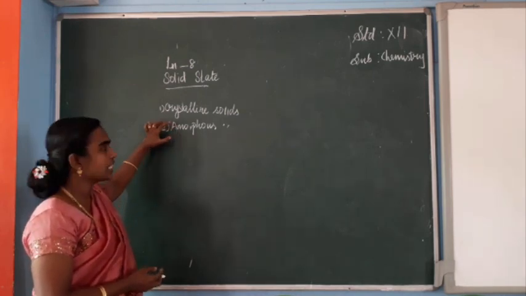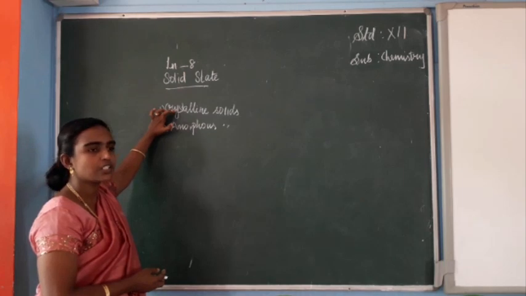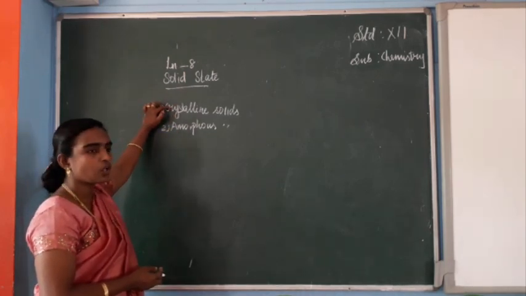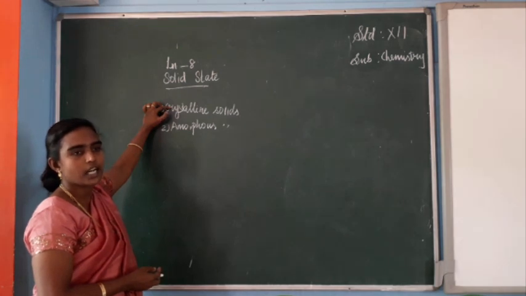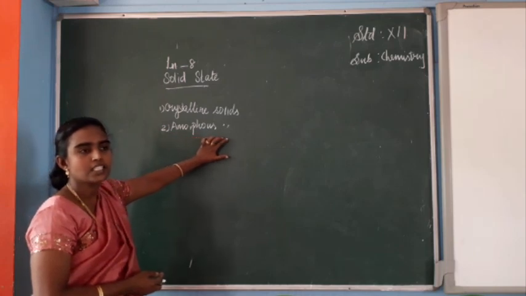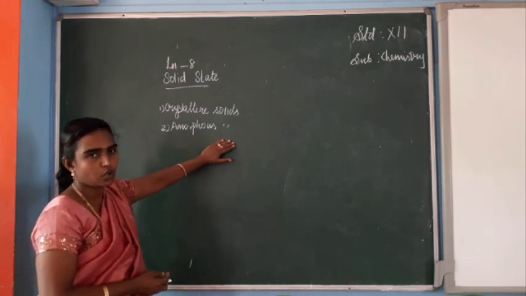Next we have seen the difference between crystalline solids and amorphous solids. The examples for crystalline solids are NaCl and diamond. In amorphous solids, glass and rubber are examples.